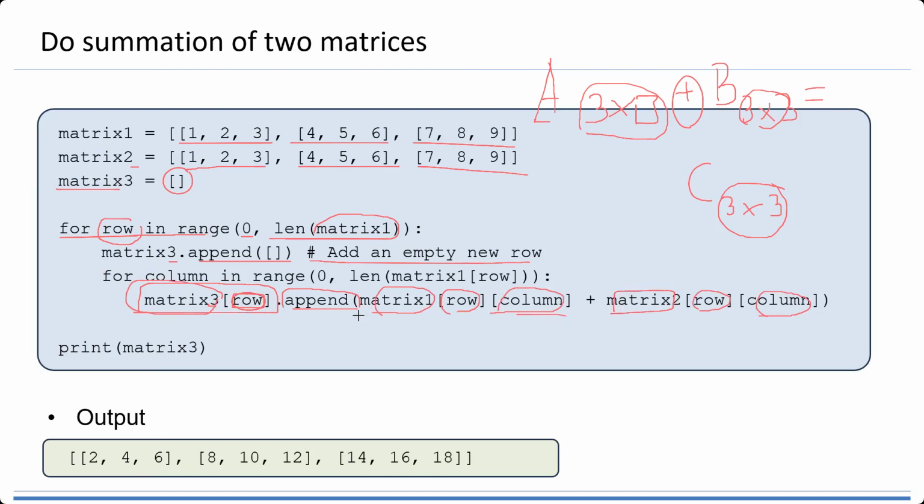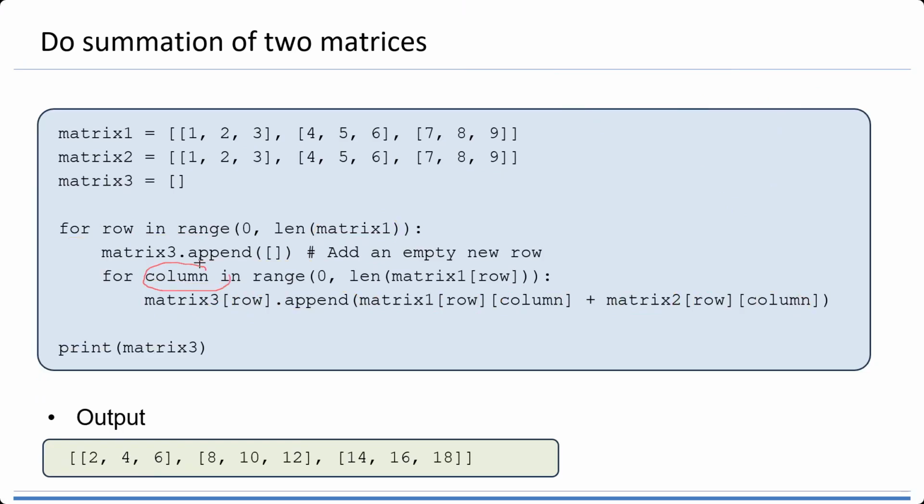And the column will be based on the loop that you design here. So the column will be from index 0 until the length of the matrix 1 in the particular row. At the end, we can just print the matrix 3 and we get this result.